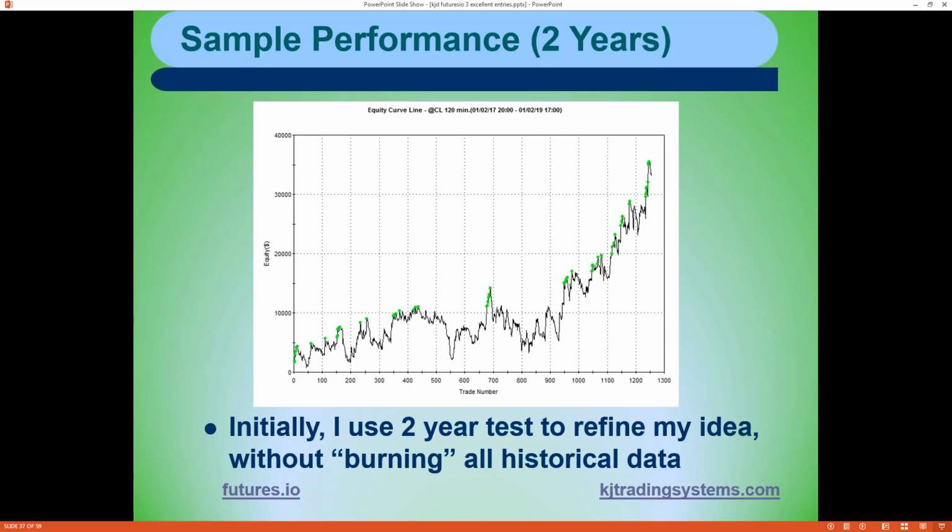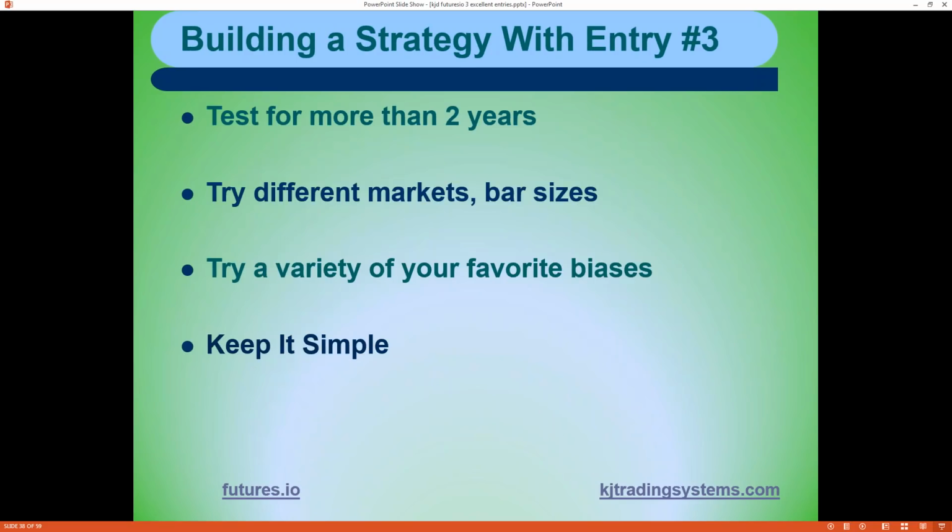But the point is, it might be a good way to come up with some systems here. And again, you probably want to test with some different bars, different markets. But the big thing is that third point, you probably want to try your own biases, whatever you like.